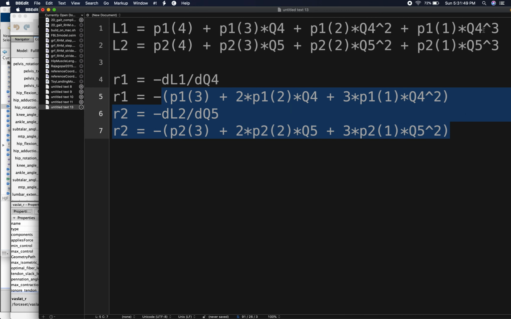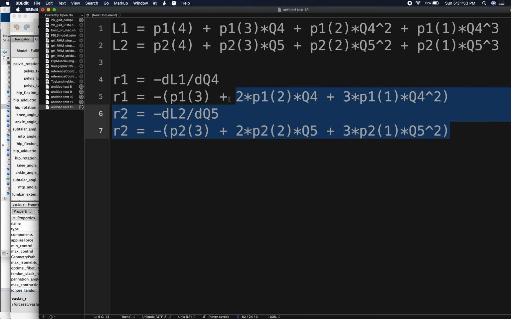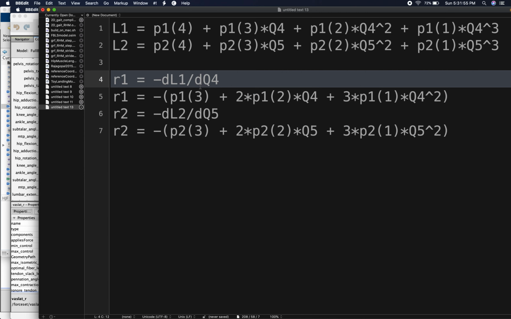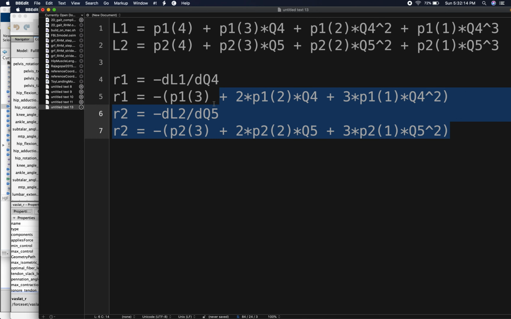So if it's a third order polynomial function of length, your moment arms are going to end up being second order polynomials. This is why I and a lot of people that use this method like to do third order fits. They're typically complicated enough to give you decent fits to the actual data while also being low dimensional enough to still give you the moment arms as nonlinear functions of these angles.